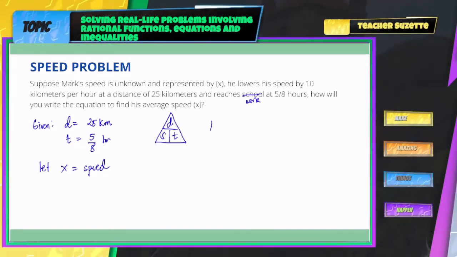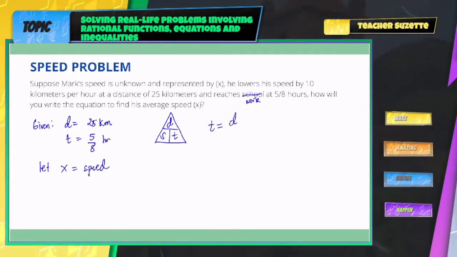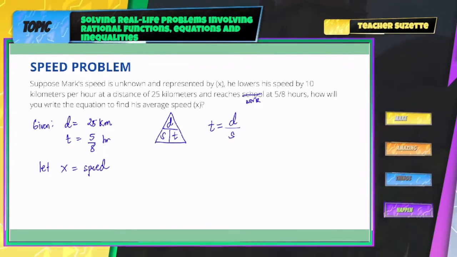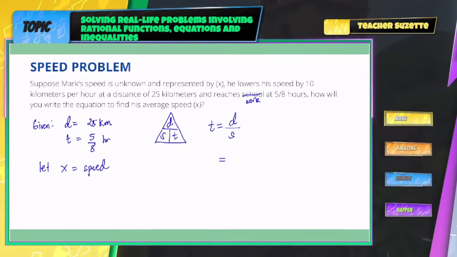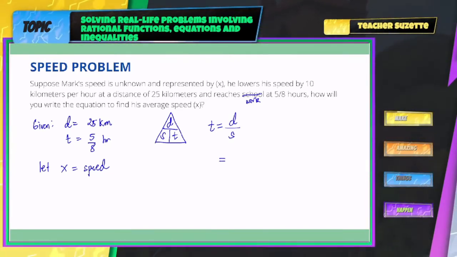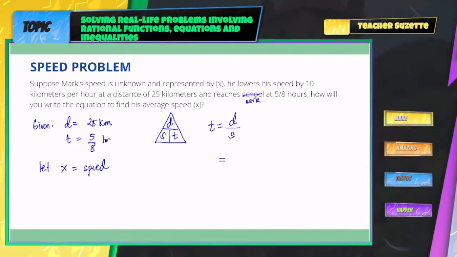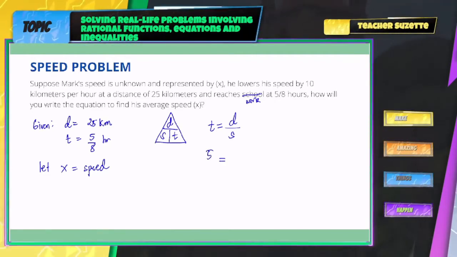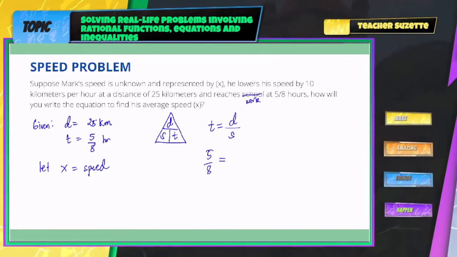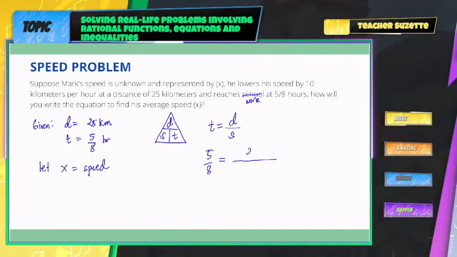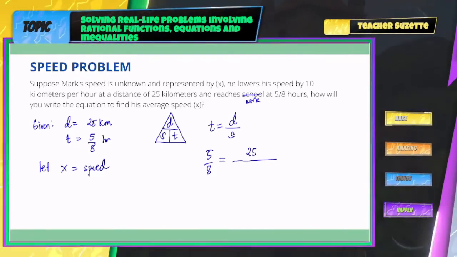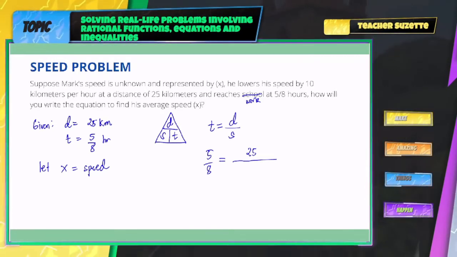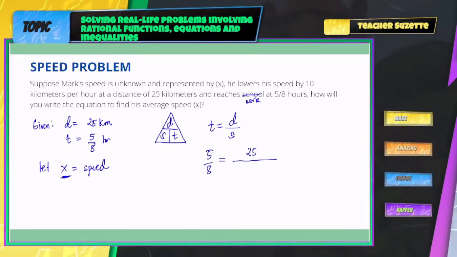Therefore, we will have time is equal to distance over speed. Now, pwede na natin i-substitute yung ating mga known at yung ating unknown, which is we let x be equal to speed. So, our time is 5 over 8 equal to our distance, which is 25 kilometers. And we have our speed. Ang speed daw natin will be represented by x.